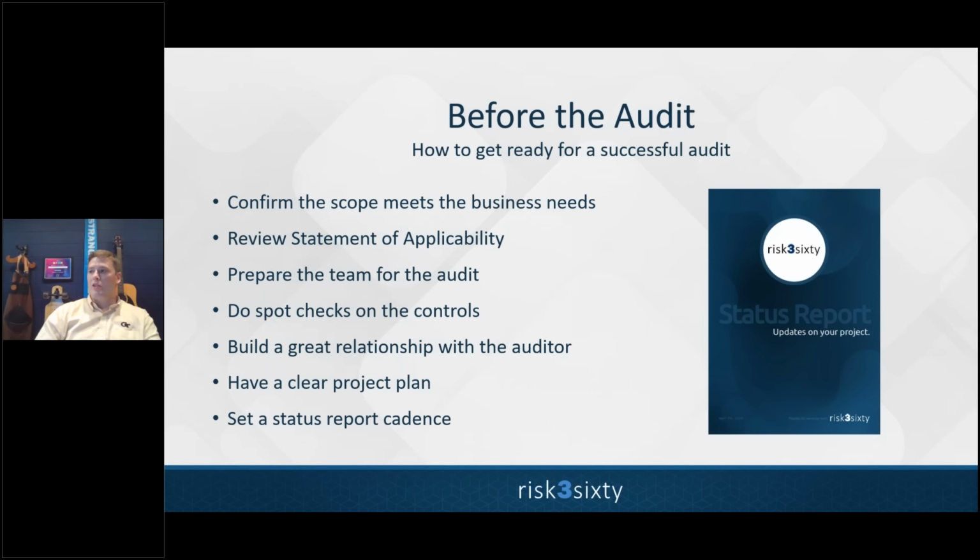So the first slide is around before the audit, things you need to think about. The first thing is confirming the scope and making sure that it meets the business requirements or the business needs. As a part of ISO 27001, clause 4 calls for this exercise. It says that you need to ensure that the ISMS, the Information Security Management System, is scoped appropriately.